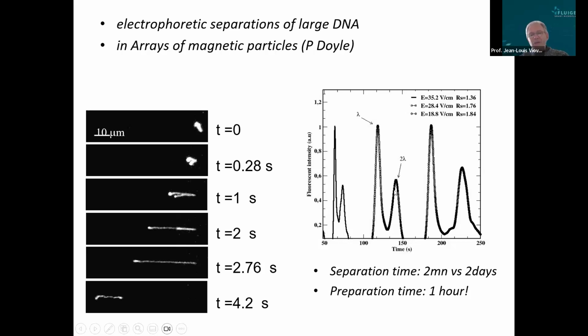And so that was used at that time for DNA mapping, which was a necessary preliminary before doing sequencing. So this was a strong improvement at this time, because we had a separation time which was about 2 minutes instead of 2 days in conventional gel electrophoresis.